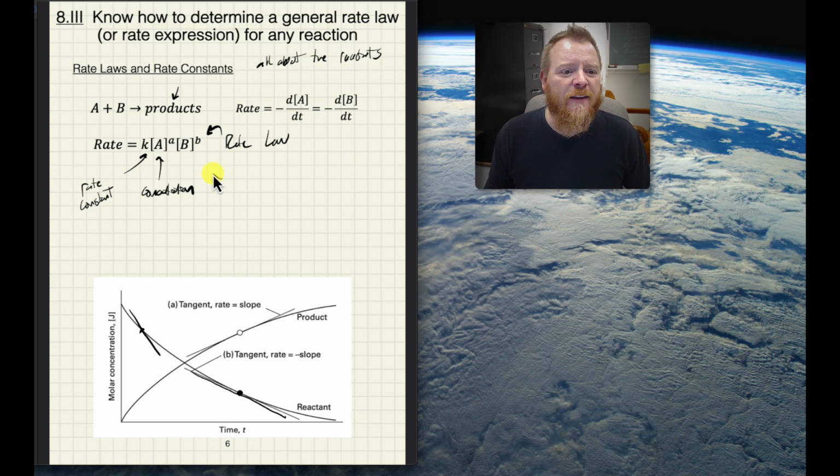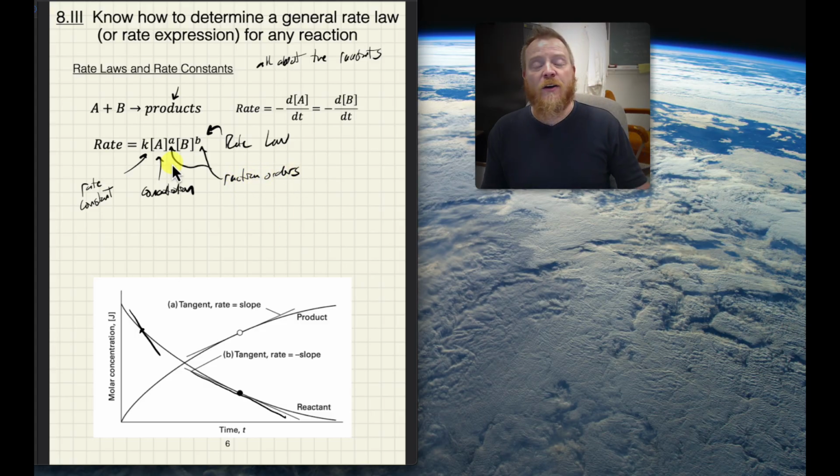And then finally, these little a's and b's right here, those are our reaction orders. They are typically whole number integers, but they don't have to be. And they describe the dependence of the rate on concentration.